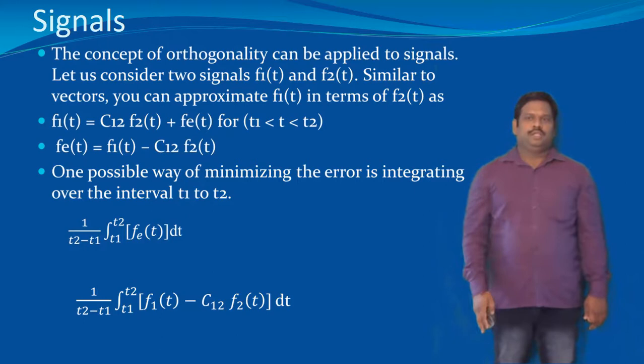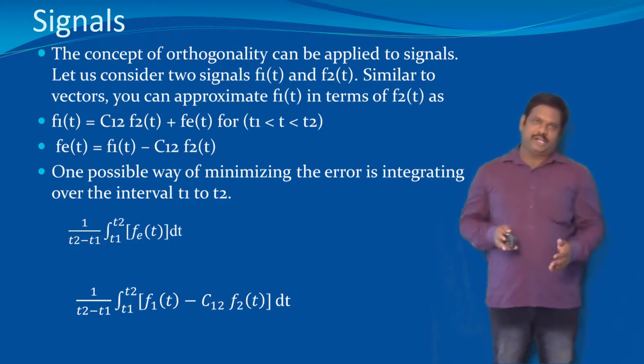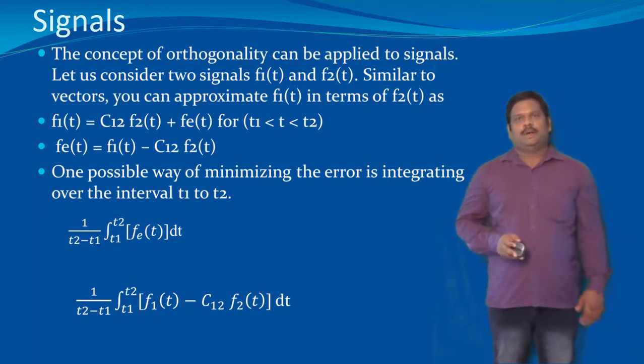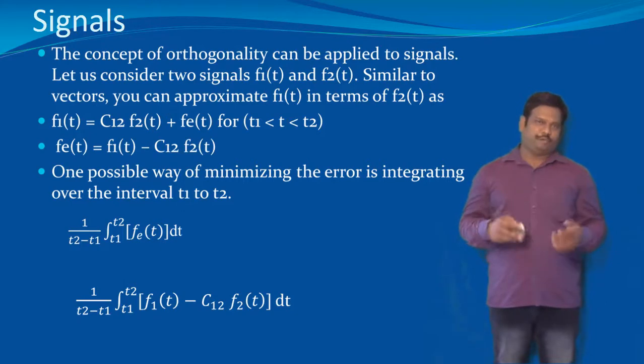Right? But this error function will not be a perfect approximation process, because positive values and negative values are both present. Therefore, the error will be more.